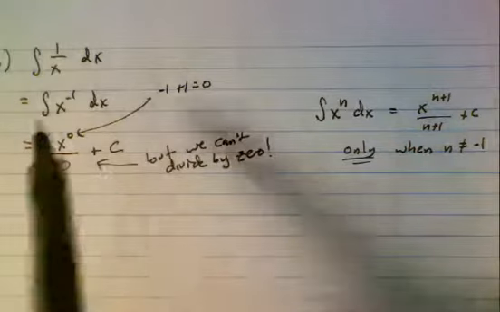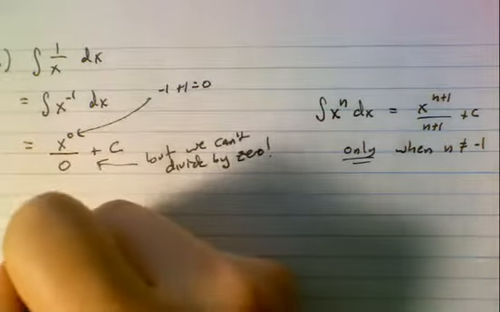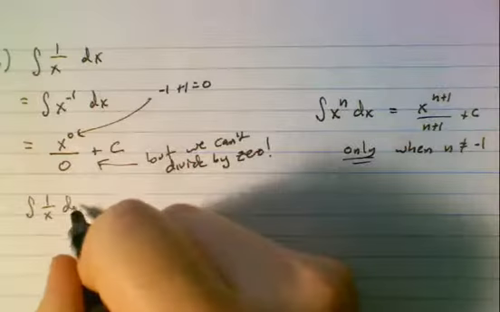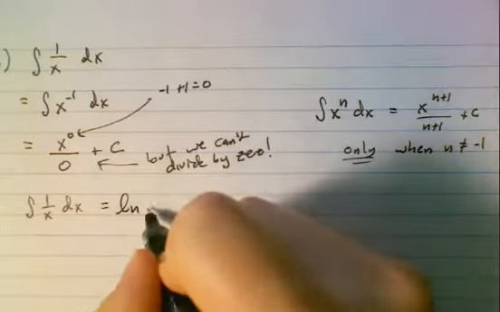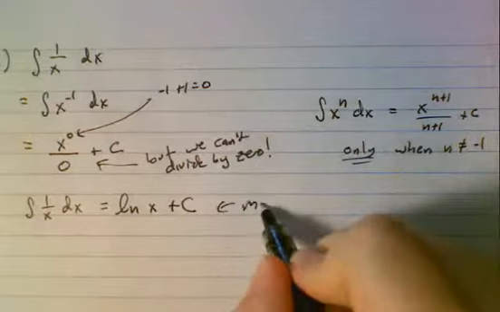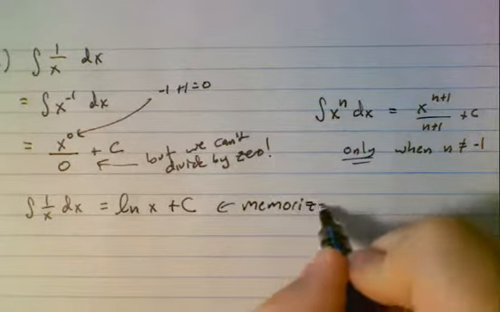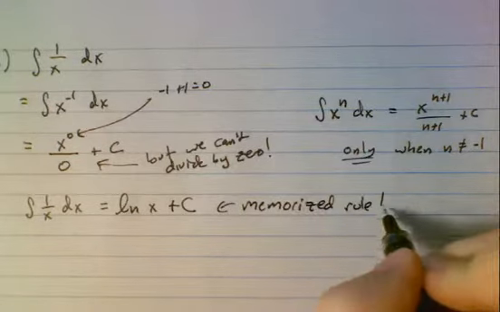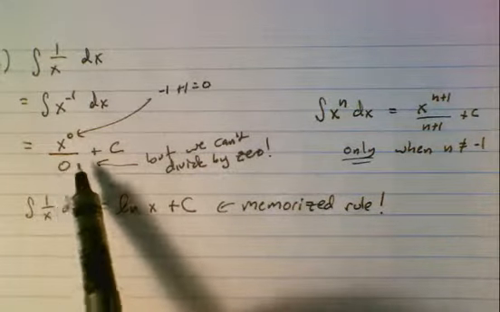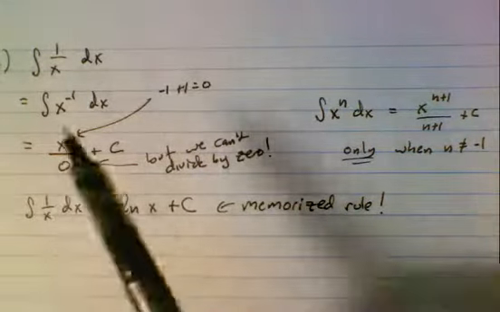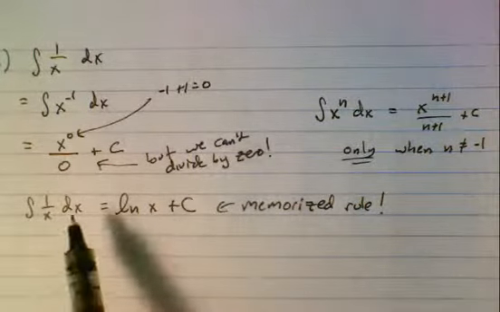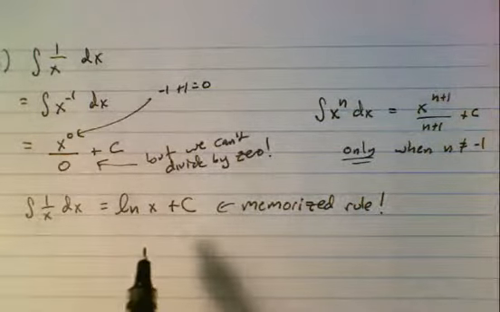When you encounter this, you have to remember this. This is actually a memorized rule. The antiderivative of 1 over x is the natural log of x plus c. It's really tempting to do this instead, but notice that when you get to division by 0, that tells you, oops, I gotta remember that's the one number I can't do this rule with, and then you just have to go back to this and have that memorized.